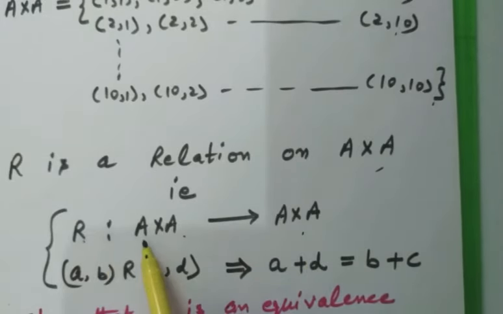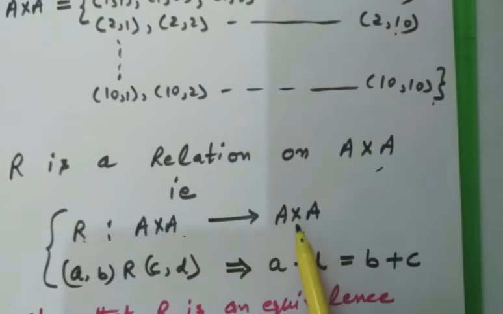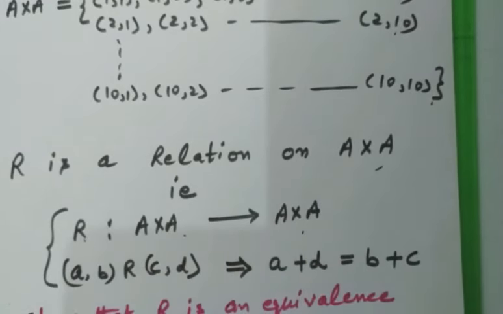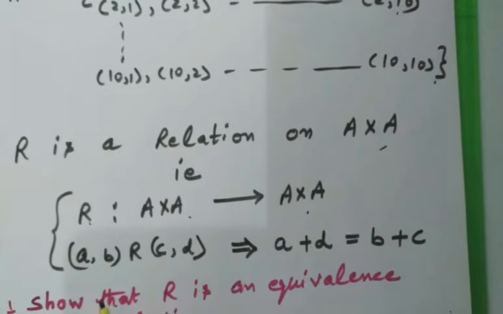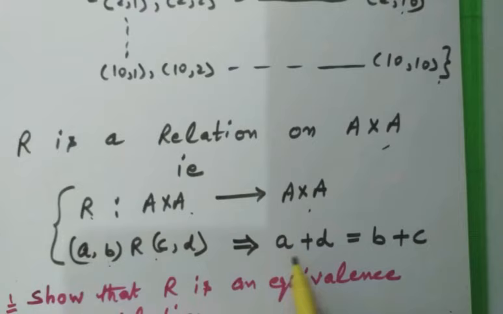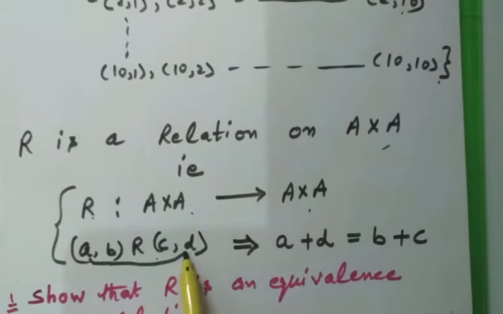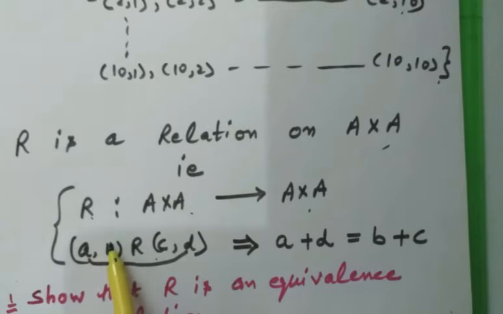R relates one ordered pair of A cross A with another ordered pair of A cross A, and what is the relationship? The relationship is that any two ordered pairs (a,b) and (c,d), where both belong to A cross A, are related under the relation R if a plus d is equal to b plus c. That is, first element plus fourth element is equal to second element plus third element.